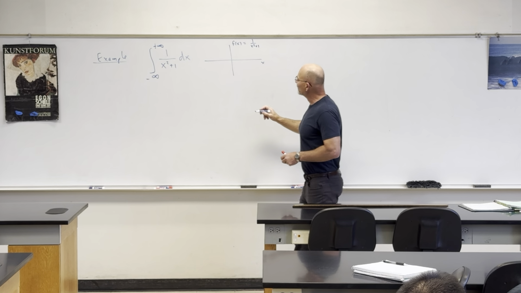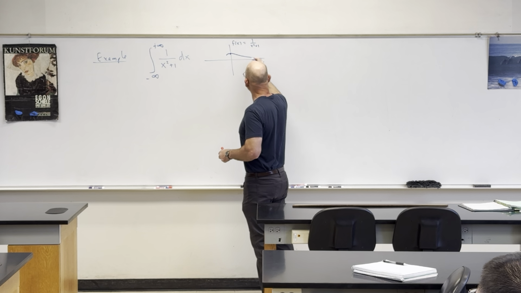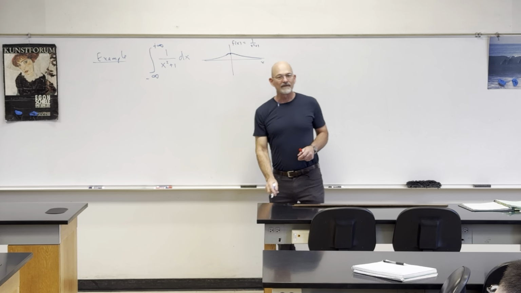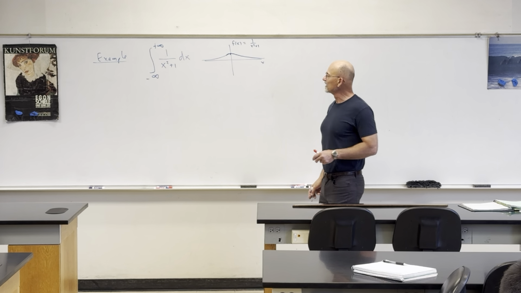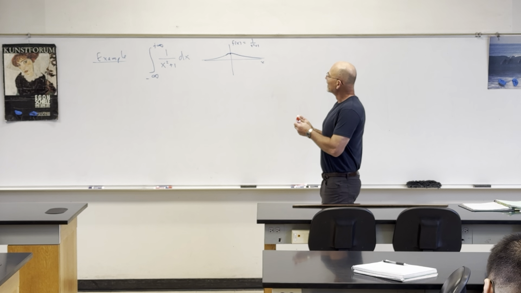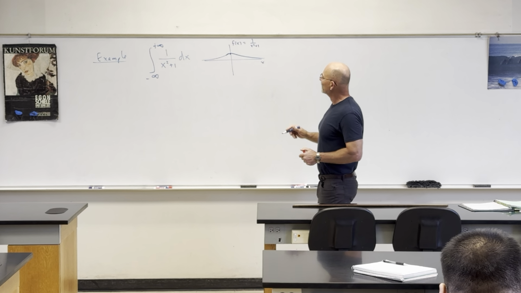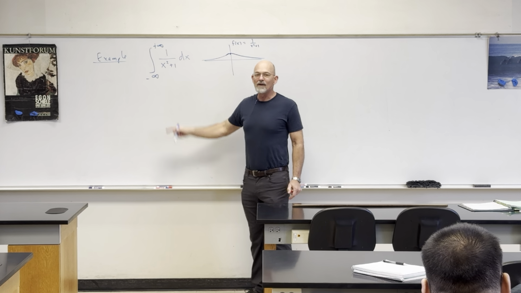At x equals 0 it's like this, and it's going to decay out to 0, plus or minus infinity. So that's what this function looks like. This is the first tangent that will get us to our goal, but that's not the way we want to do it this time. What we're going to do is continue this into the complex plane.